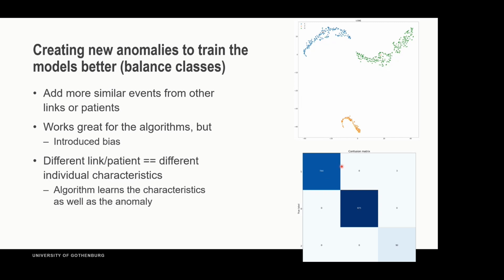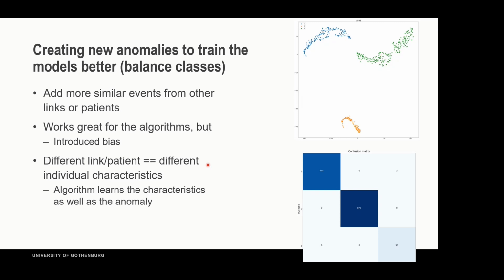But by doing this, we are introducing a very important bias or confounding factor. Every patient and every link has certain characteristics that are individual to that person or to that link, which means that the algorithm essentially doesn't really learn anomaly in terms of wind or rain.